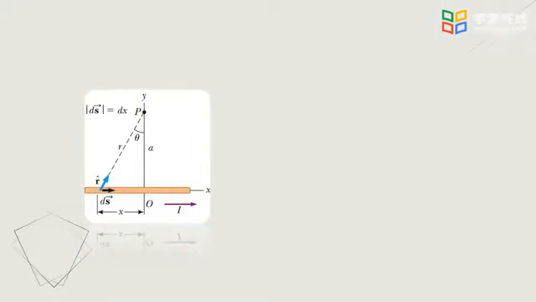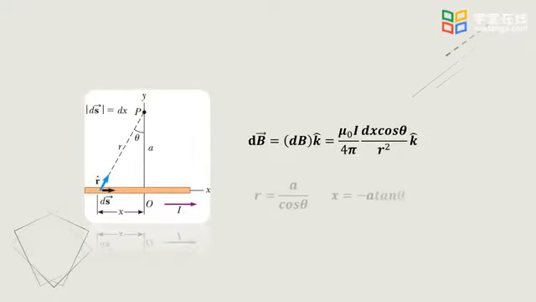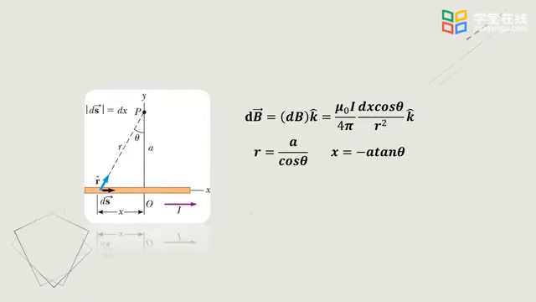From the geometry, we express r in terms of theta. r equals a divided by cosine theta, and x equals minus a tangent theta. We find the differential dx as expressed by this one.